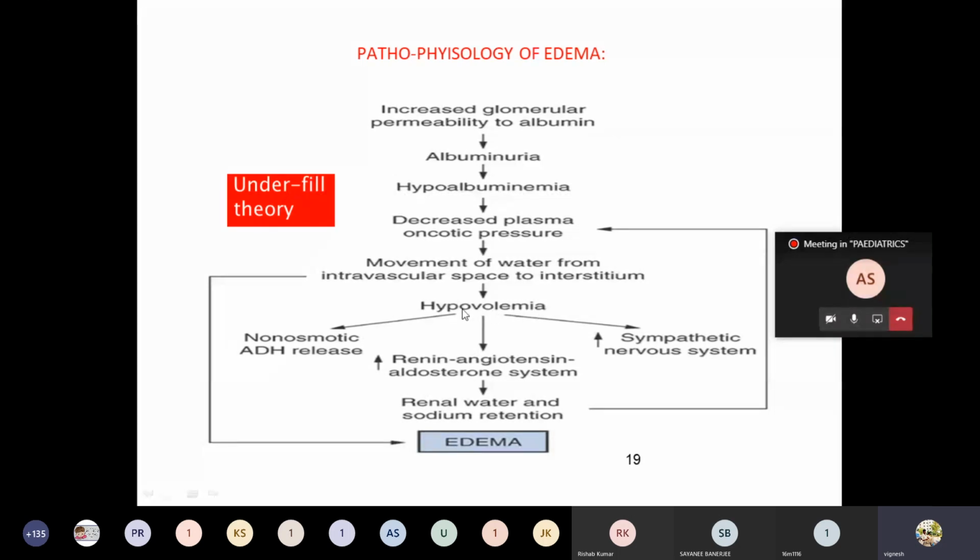So because of that, fluid comes into the interstitial spaces. So once the fluid is lost from the intravascular space to the interstitial space, the intravascular volume will become hypovolemic. Understood? Once it becomes hypovolemic, there will be non-osmotic ADH release.